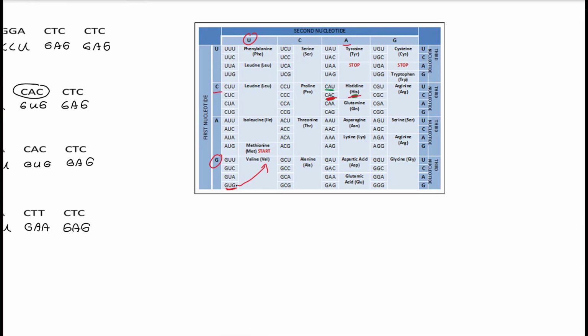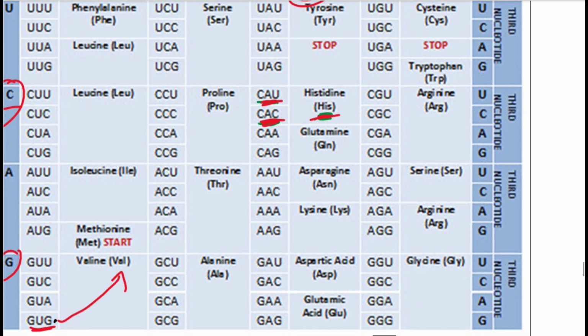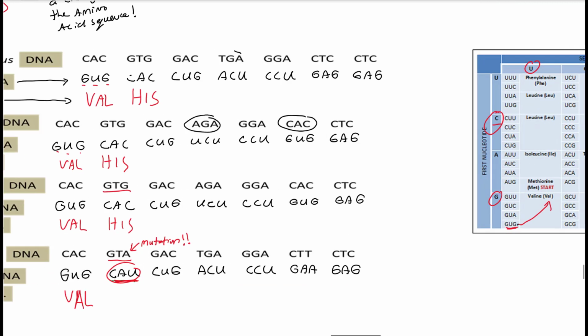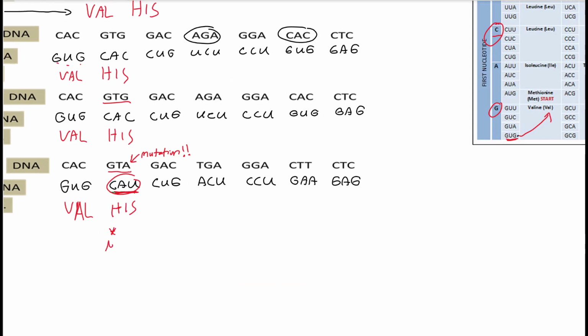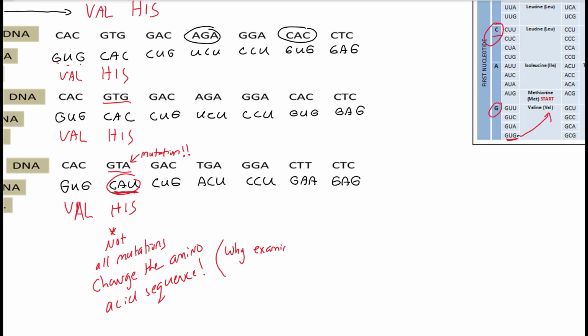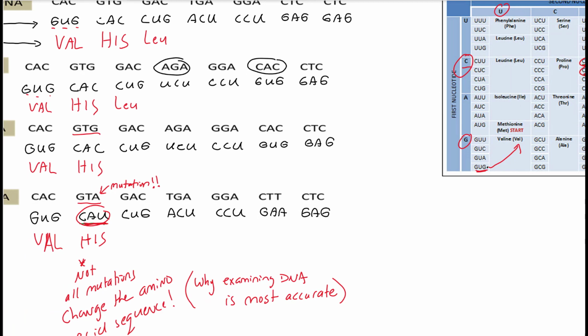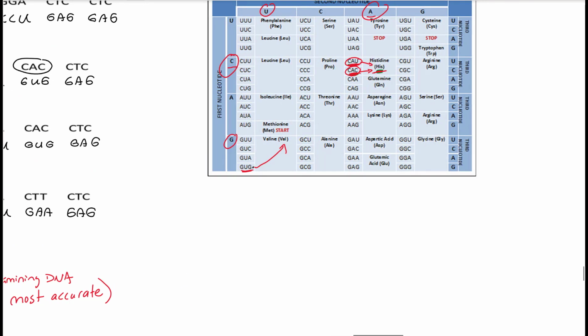There's an A where there should be another letter. But CAU and CAC, they both code for the same amino acid. So this mutation, yeah, caused a change in the DNA, but not a change in the amino acid sequence. So not every mutation causes a change, like we said before, in the amino acid sequence. This is why looking at the DNA itself explicitly is very accurate.